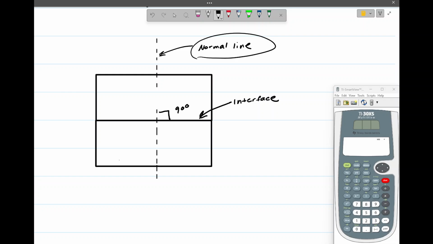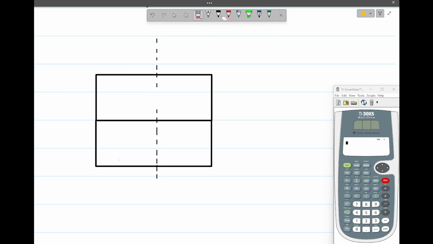Okay, so why do we need the normal line? Because that's how we measure the angle of the sound. So if the sound is coming in at an angle, we measure it from the normal line, from here to here. So we say the normal line is 0 degrees.